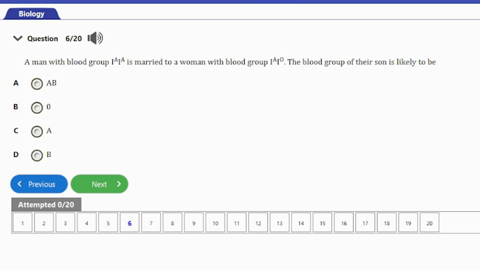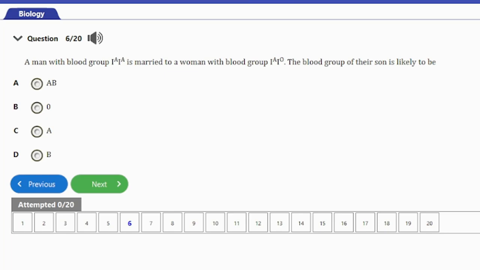The blood group of their son is likely to be: option A is AB, B is O, C is A, and D is B. So guys, the blood group of their son will likely be A, since the man is AA and the woman is AO.